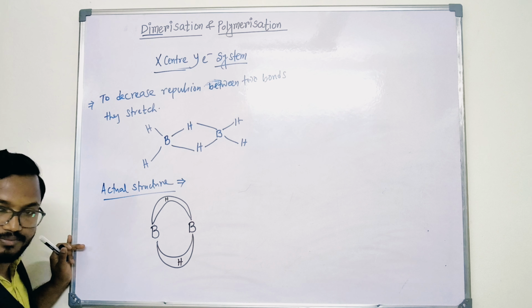Now, if I want to represent it in bond line format, how can it be drawn? It can be drawn like this. In bond line format, we can draw it like this.